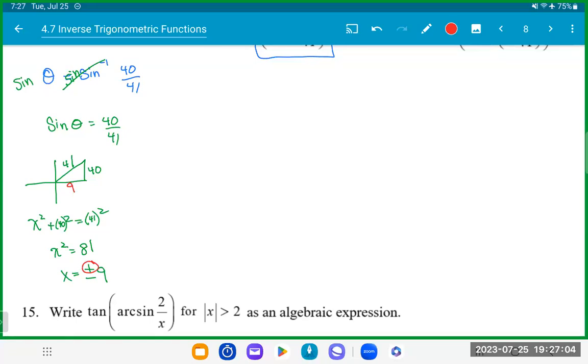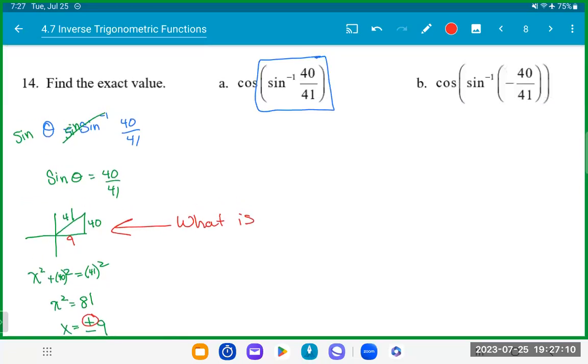Now, from that picture that we have created, what is cosine? Remember, cosine of my angle is my adjacent over my hypotenuse.